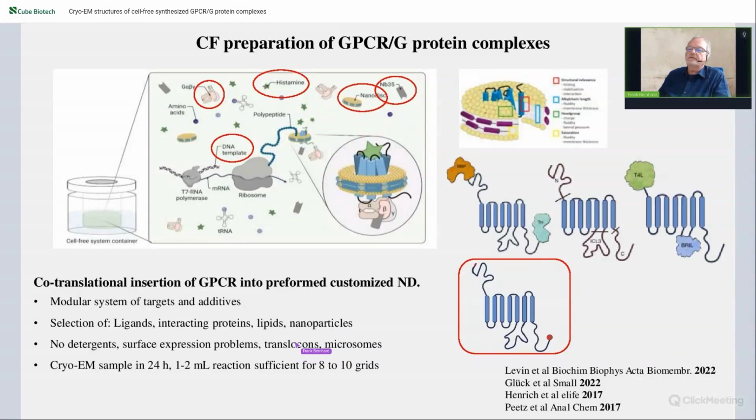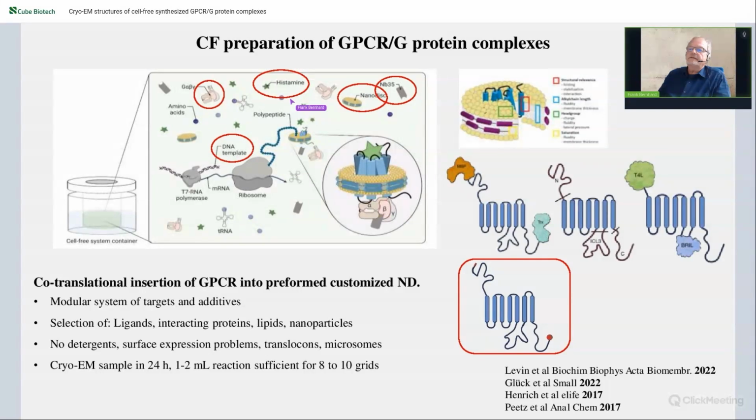So we do not use translocon signal sequences or any microsomes. Certainly, the insertion might, depending on the target, have a preferred membrane composition. So we screen a library of preformed nanoparticles assembled with different lipids and lipid combinations.